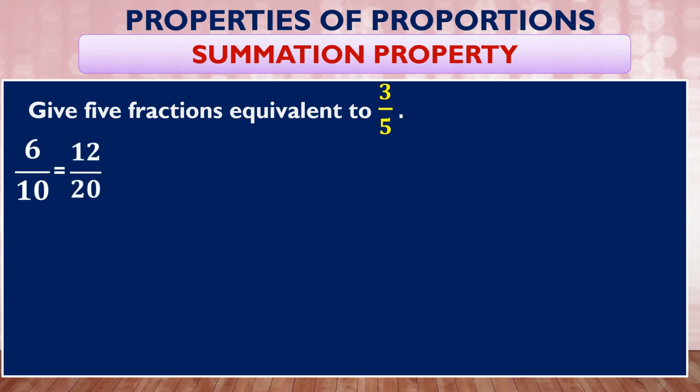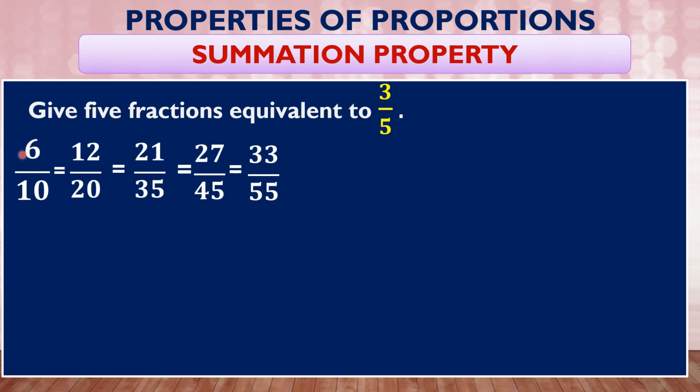Equal din kay 12 over 20. Equal din kay 21 over 35. At equal din kay 27 over 45. At equal din kay 33 over 55. So, check nyo munang maigi. Sila ba ay equivalent kay 3/5? Yes, of course. So, the 5 of them are all equivalent to 3/5.